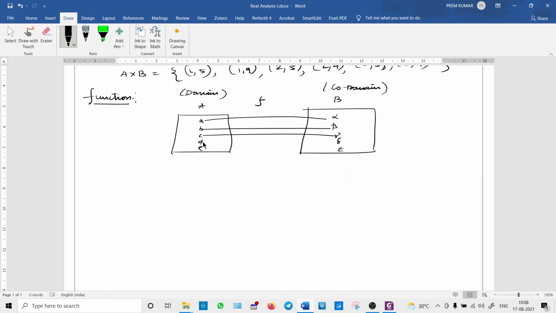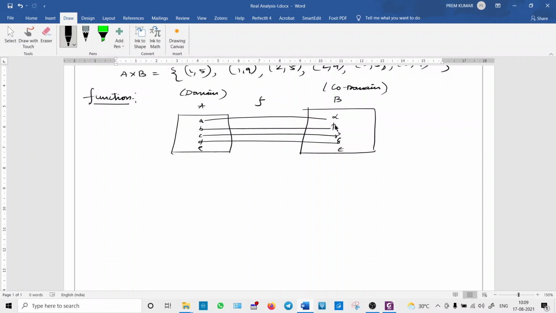Suppose I am giving my mapping. d is mapped to delta. Suppose. So how can I write this one? Generally we say it's a mapping. A mapping is one which relates elements from set A to the set B. That is generally what we call a mapping.